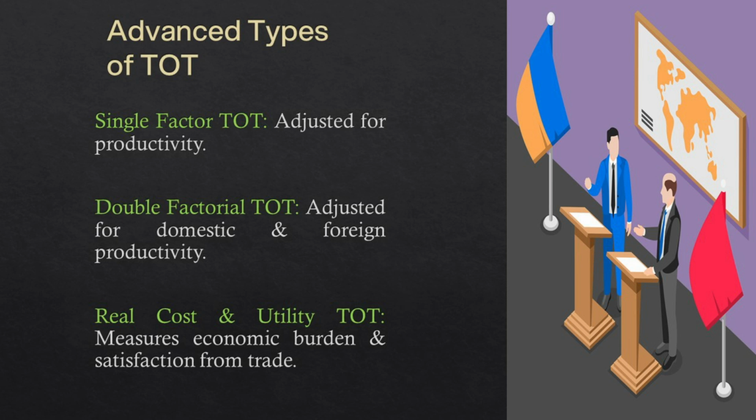The next is real cost terms of trade. Real cost terms of trade is measured by multiplying the single factor terms of trade by the index of the amount of disutility.